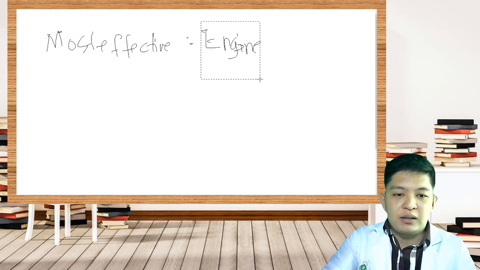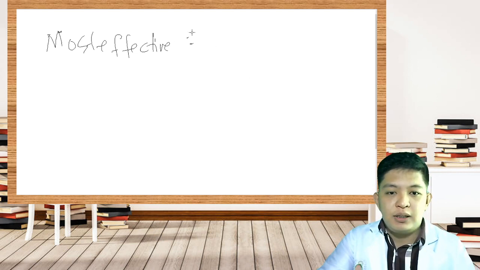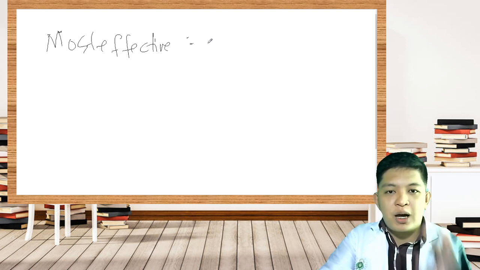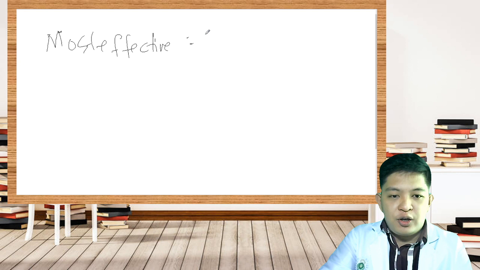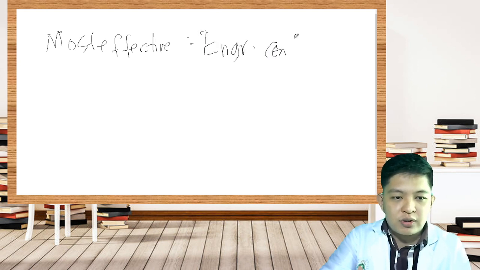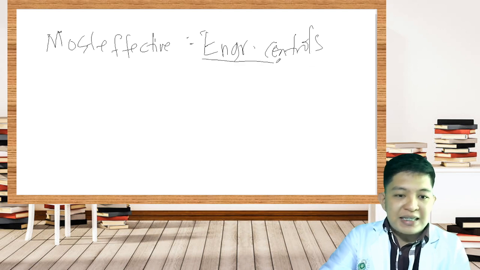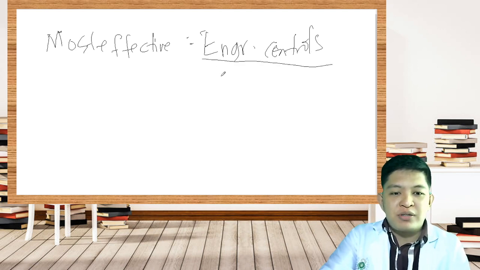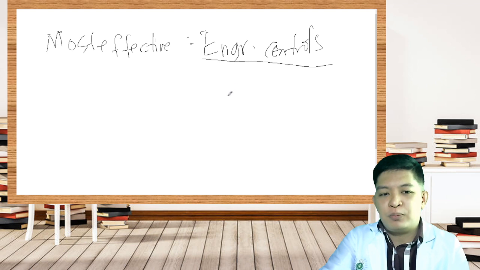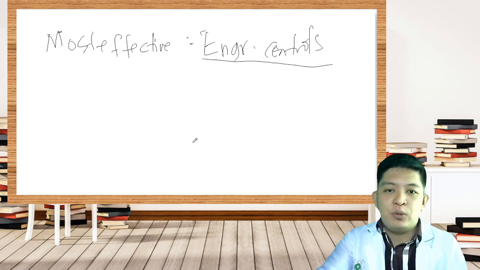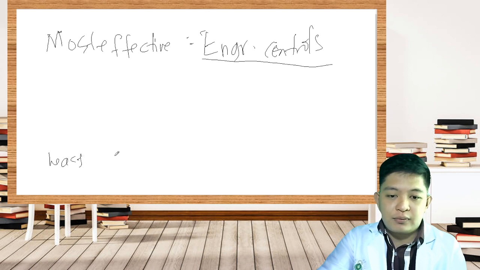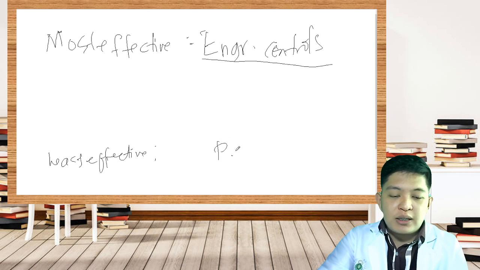Wait, let me delete this. Yung most effective way to stop the spread of infection is yung mga engineering controls natin. Lagay na lang natin ENGR controls. Okay, the facilities. Kaya yung mga social distancing na yan, talagang importante yan. At kung alam nyo po, yung pinaka-least effective, actually, that is the PPE.